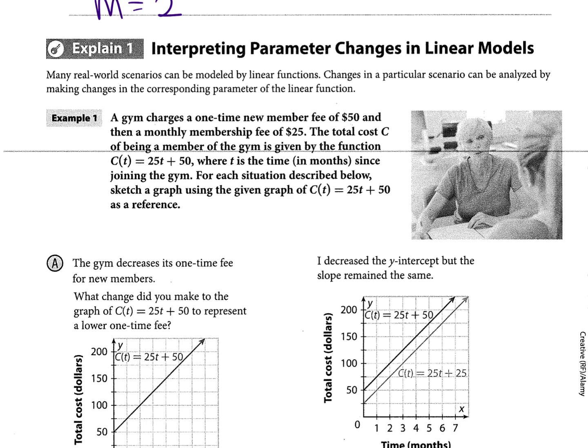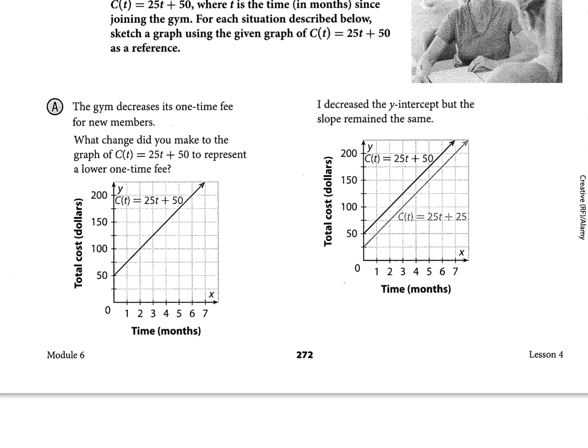For each situation described below, sketch a graph using the given graph of C of t equals 25t plus 50 as a reference. So it says the gym decreases the one-time fee for new members.